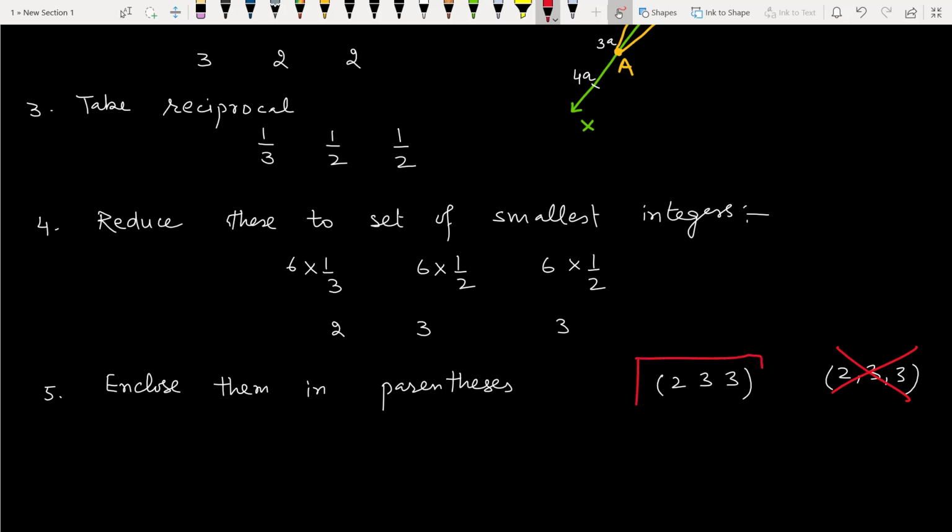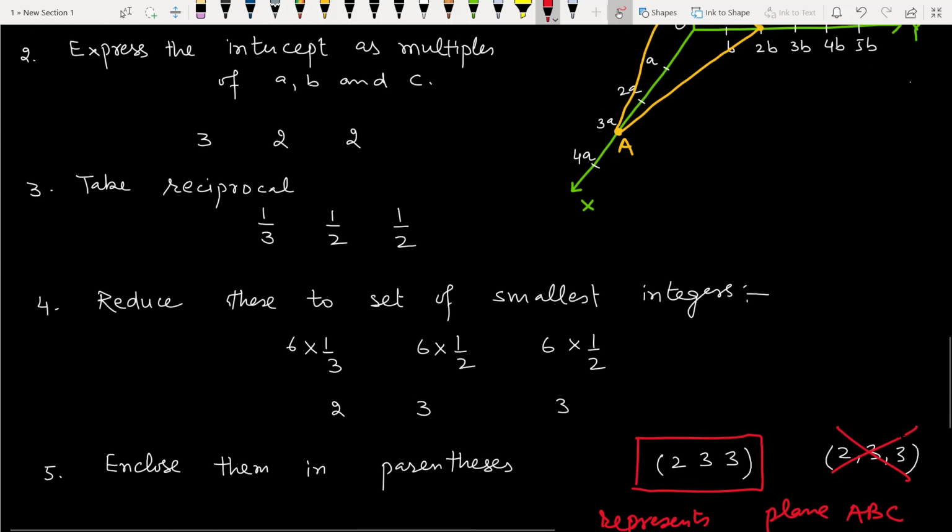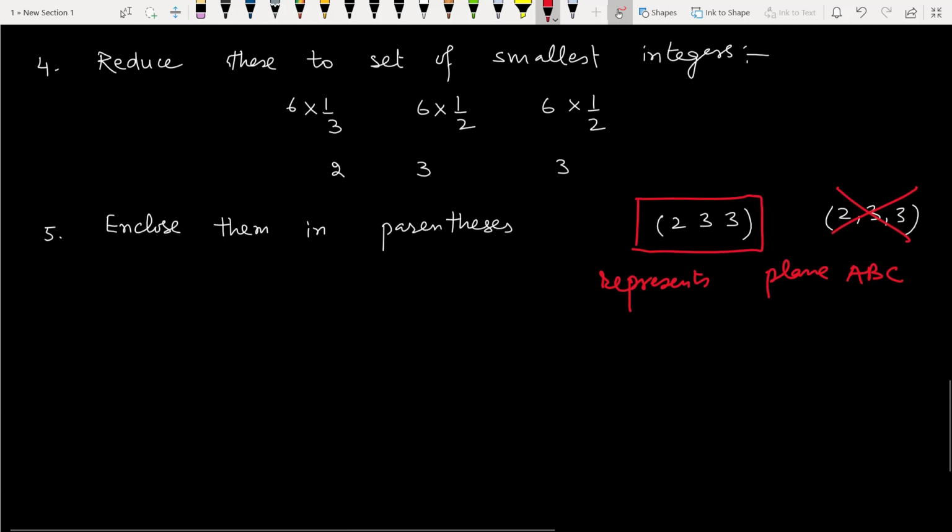So this represents plane ABC. This plane is represented with this round bracket.